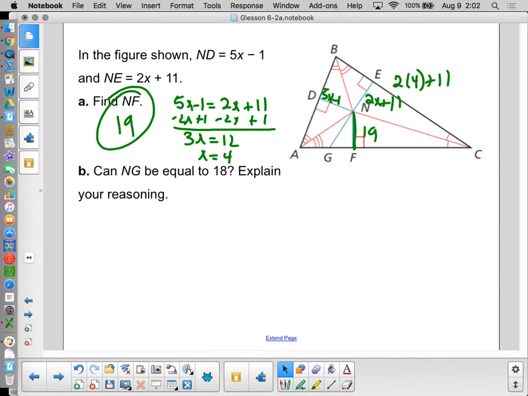It's the distance from the point N to the line AC. By definition, the distance is the shortest distance. So any other point that I pick, like G, right here, on line AC, has to be farther away than 19. 19 is the minimum distance. It is impossible for it to be less than 19 in this picture.